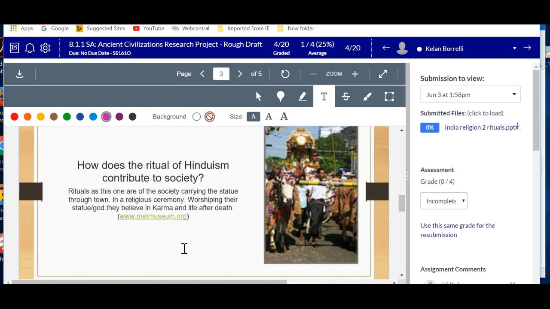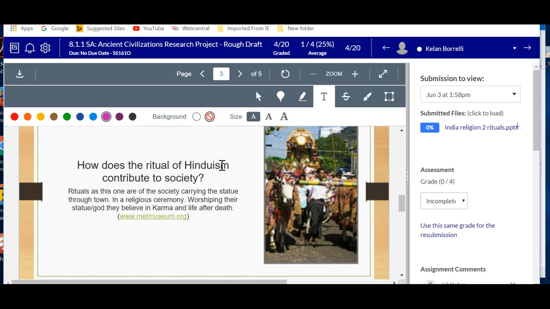You wrote, how does the ritual of Hinduism contribute to society? This is where I get a little bit confused because I'm not sure which ritual you are referring to. Remember that it isn't a ritual of Hinduism. You're talking about a religion, right? So Hinduism is a religion.